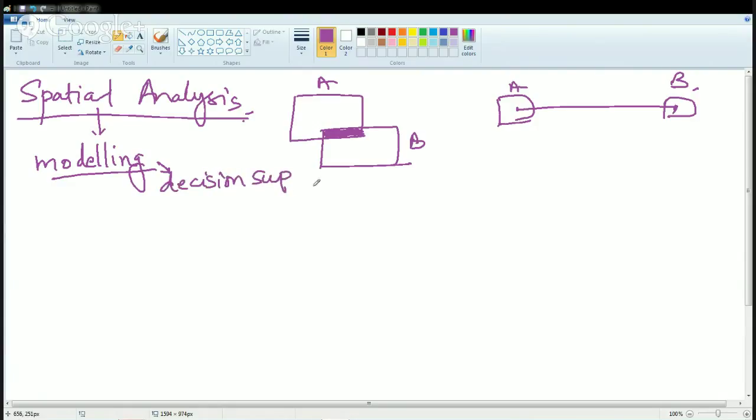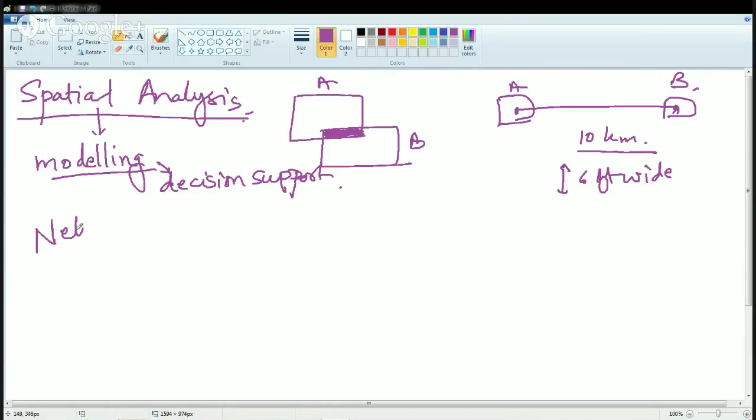For example, if there are two roads, the location is from A to B, and based on that I can decide that the road should be 10 kilometers in length, and it should not be more than 6 feet wide. So these are some of the parameters I can define based on the available information I have for the region.